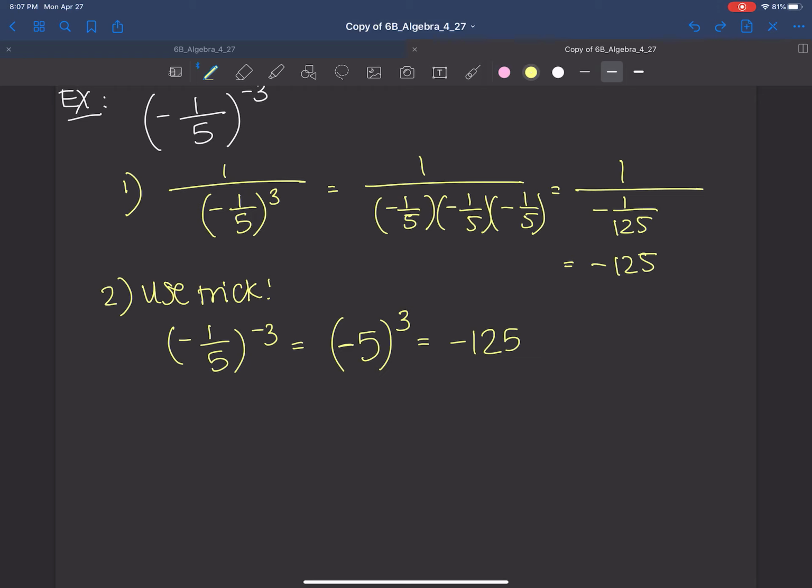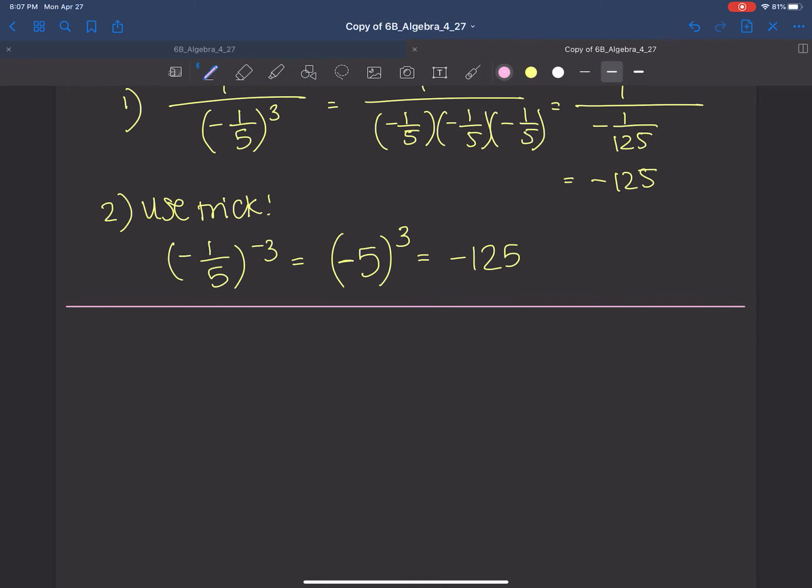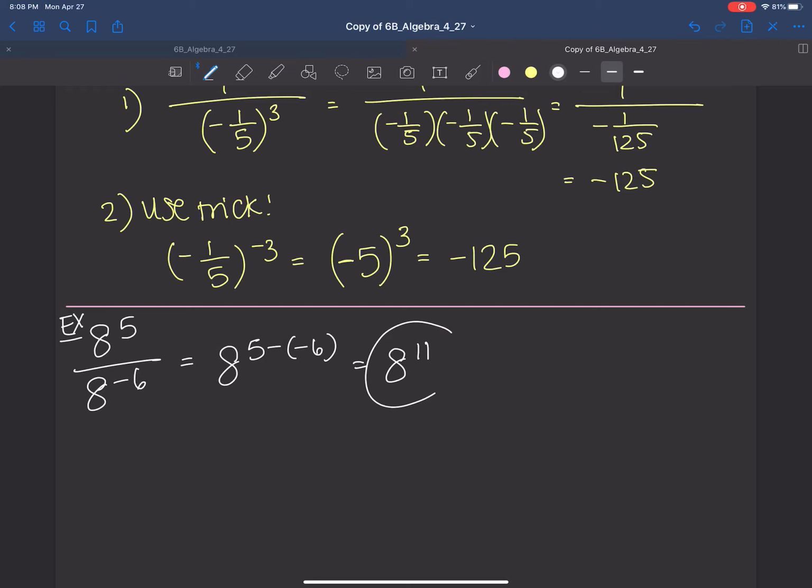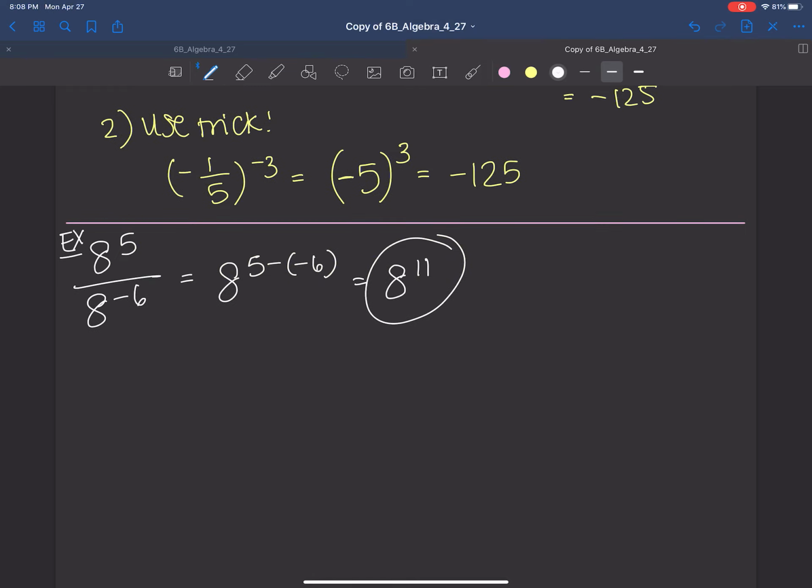A few more examples, mainly just to look at properties. So for instance, if I have something like 8 to the 5 divided by 8 to the minus 6, I can still use the same properties. So I can still take 8 to the 5 minus minus 6, and we know from working with negative numbers that this is actually positive 11. So we can get answers like this.